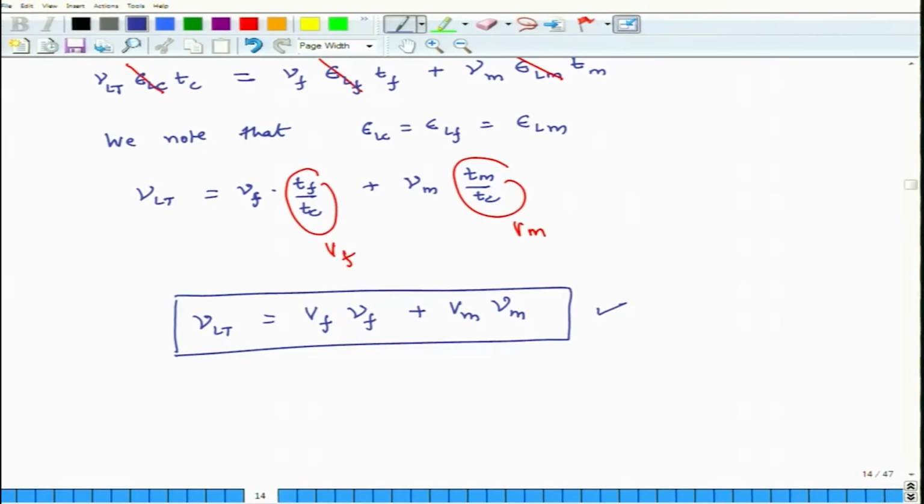Now, remember, I had said that there are two Poisson's ratios associated with the unidirectional composite. One is nu Lt and the other one is nu TL, and both of them are not same. This one is known as major Poisson ratio.